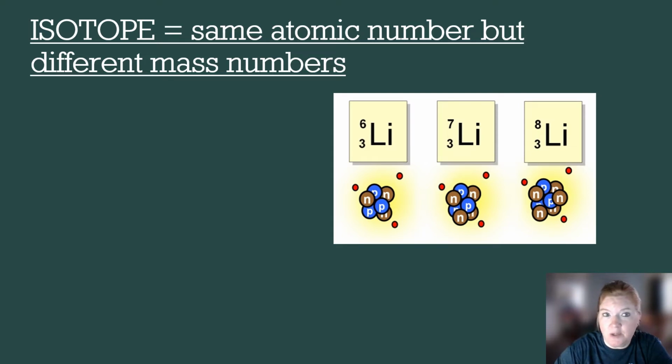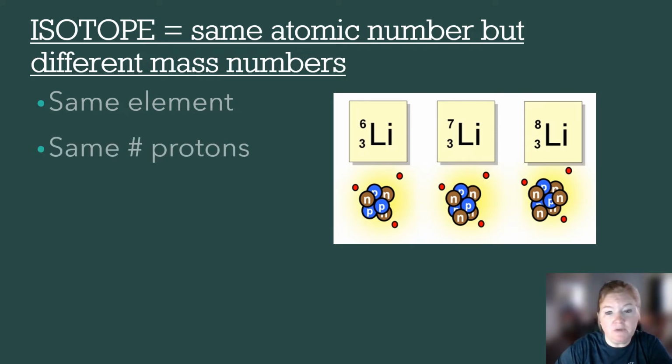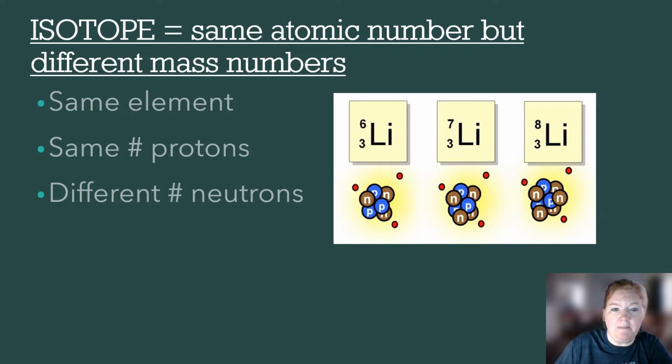Okay, an isotope. Same atomic number, but different mass numbers. So we have the same elements. You can see here we have the same symbol, Li, Li, Li. Also, you can tell we have the same atomic number, 3, 3, 3. So same number of protons. They all have 3 protons, but they have a different number of neutrons. How do I know? Look at the mass numbers.